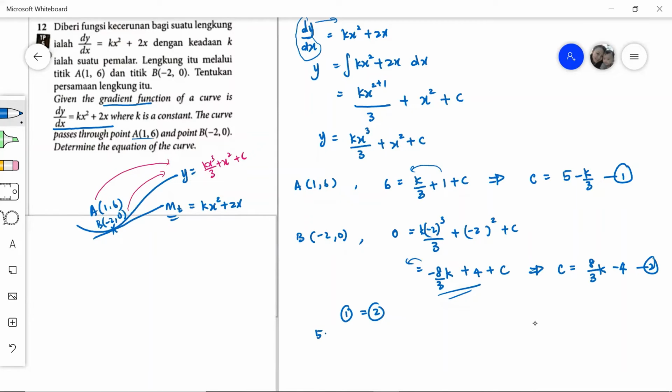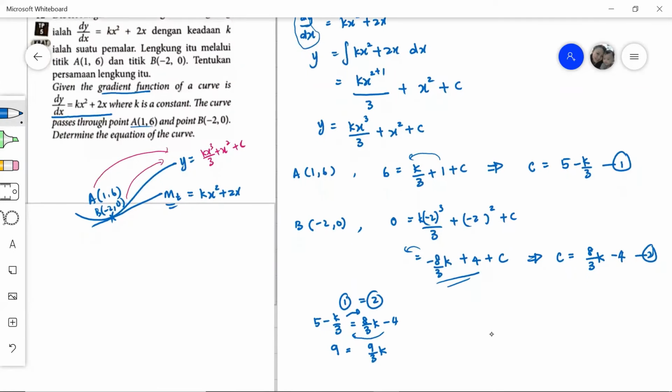Therefore, 5 minus k over 3 equals 8 over 3 k minus 4. Bring this over, and -4 goes to the other side. So we have 9 equals plus k over 3, so we have 9 over 3 k.